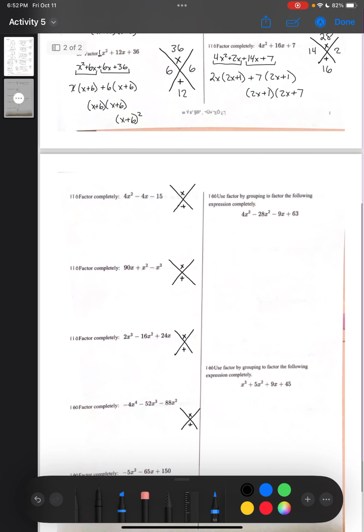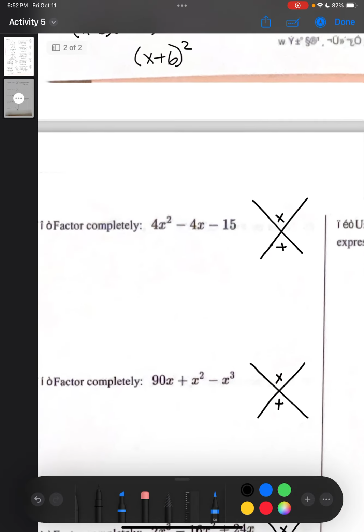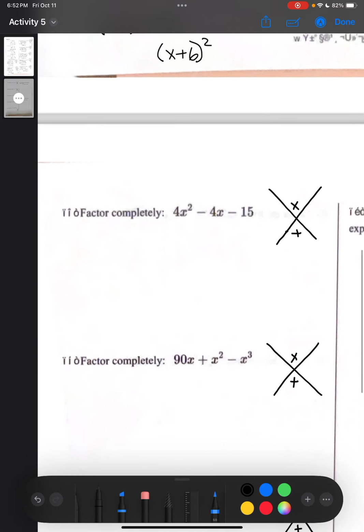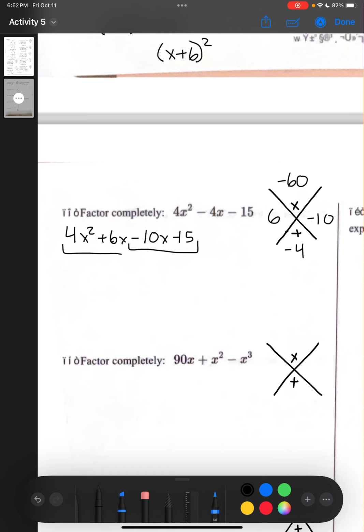Now we are on to the second. We want two numbers that multiply to negative 60 and add to negative 4. We have 6 and negative 10. That's when we rewrite again: 4x squared plus 6x minus 10x minus 15. This is where we group them again.